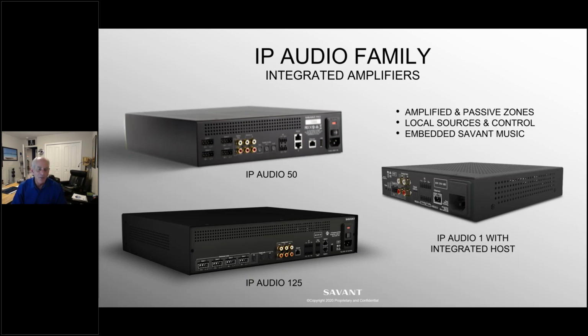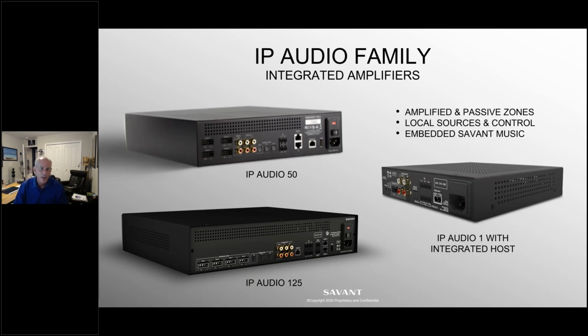So we start with the IP audio 1 with the integrated host. That's a single zone powered amplifier with a pre-out for an additional zone. And then you can move on to the IP audio 50 and IP audio 125, which are 4x50 and 4x125, also with pre-outs for additional zones as well, 1 analog and 1 digital.